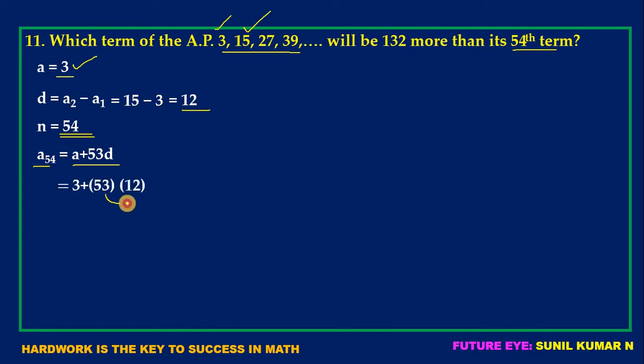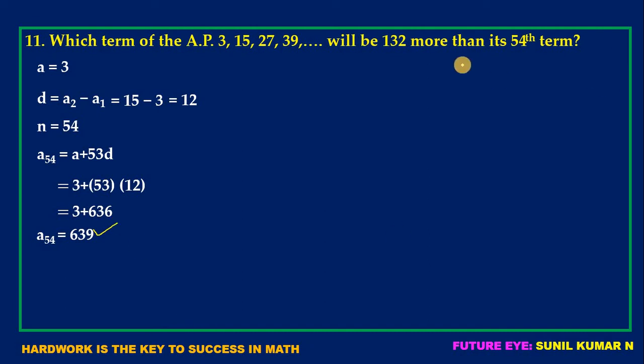Now 53 multiplied by 12, children. 53 into 12 is 636. Now add this 3 to 636, we get 639. Now this is the value of the 54th term.